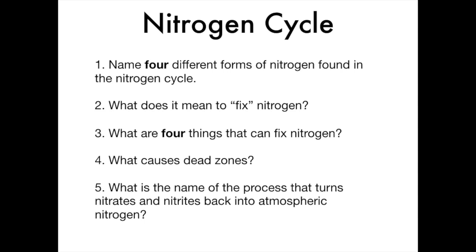What are 4 things that can fix nitrogen? So 4 processes or 4 things that can do that. And then tell me what causes dead zones. And then finally, what's the name of the process, the labeled arrow, that turns nitrates and nitrites back into atmospheric nitrogen?